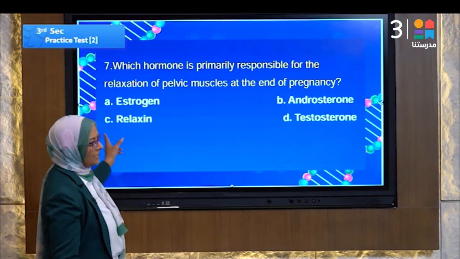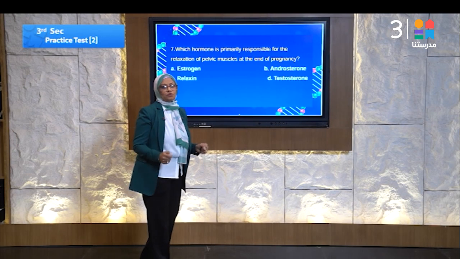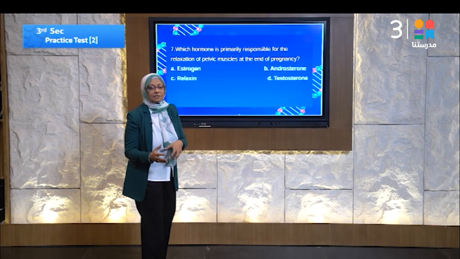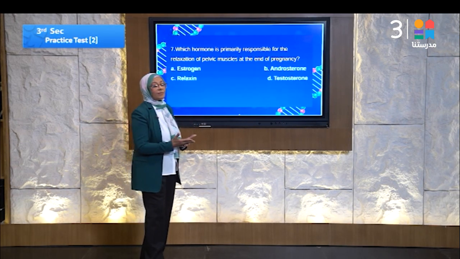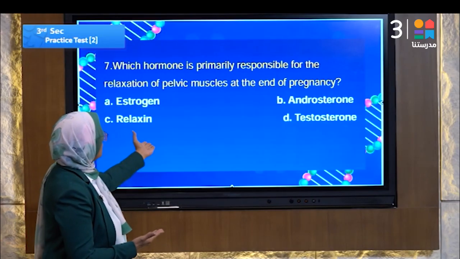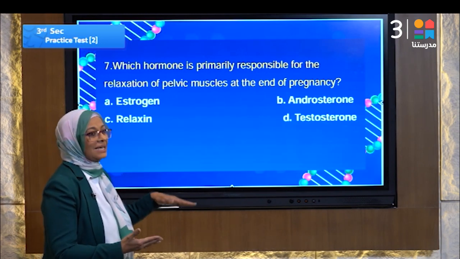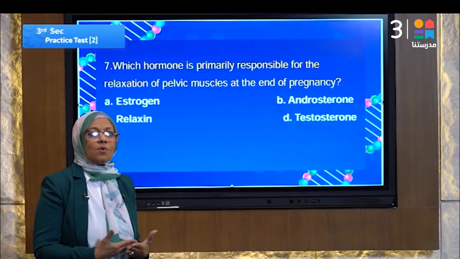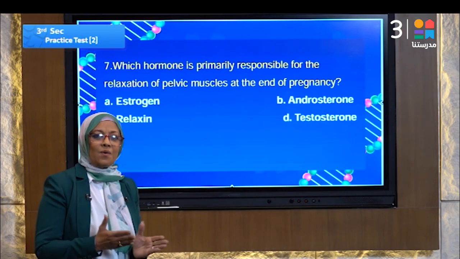The answer is relaxin. The relaxin hormone has a specific function to accelerate the delivery by moving some calcium precipitation from the pelvic muscles away from these parts of the body to make them like cartilage, to permit the baby to deliver, relaxing these muscles so the baby will go out.